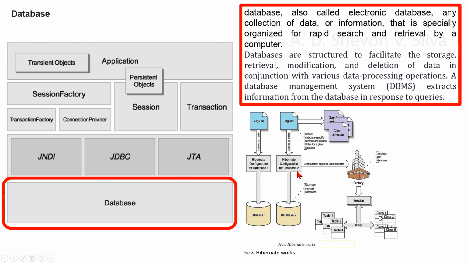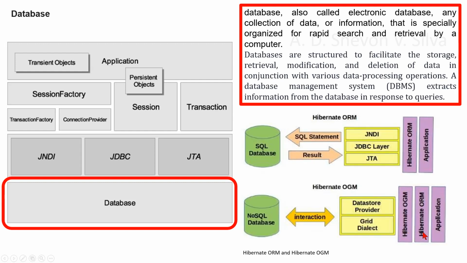And Hibernate configuration for database 2 is connected to factory, and the configuration object is used to create it. A single factory is singleton per database, and factory is connected to session, and there's a bridge among tables and classes and session.